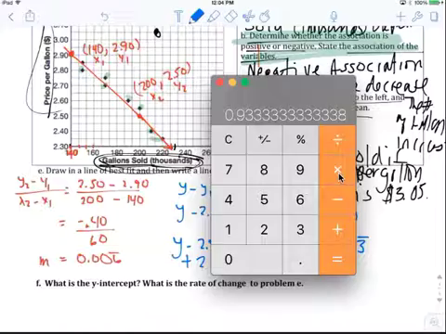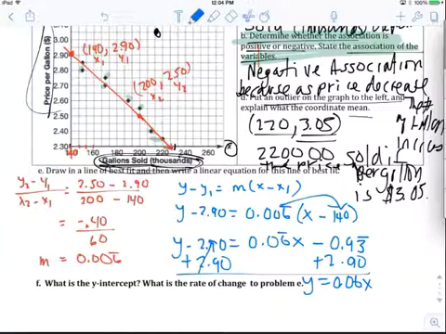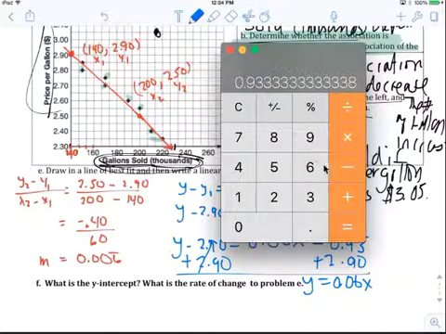I add 290. Y equals 0.006x, and let's do here, because I'm subtracting that too.